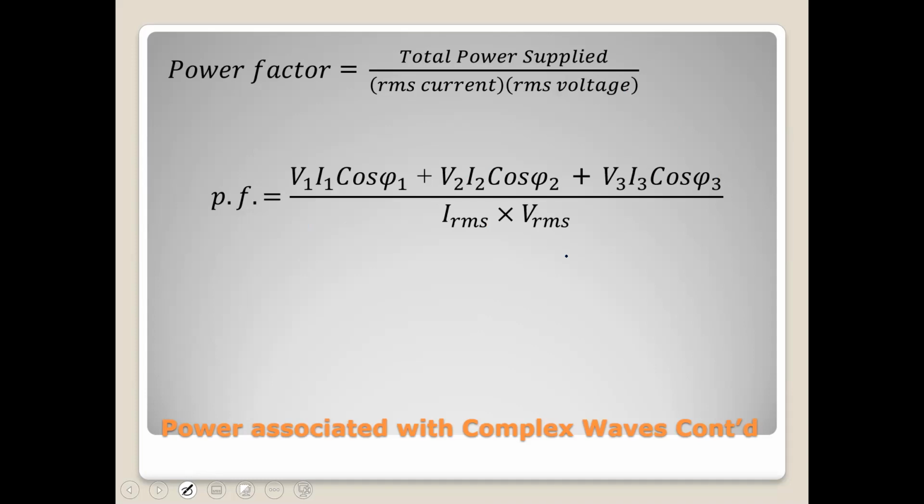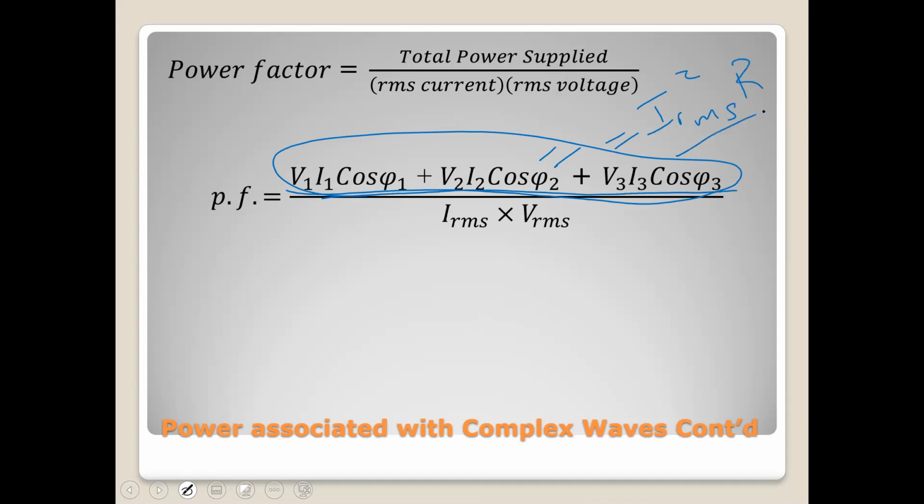The numerator would be equal to I RMS squared times R. So you can either do it this way or you can do it this way. Both will give you the same answer.